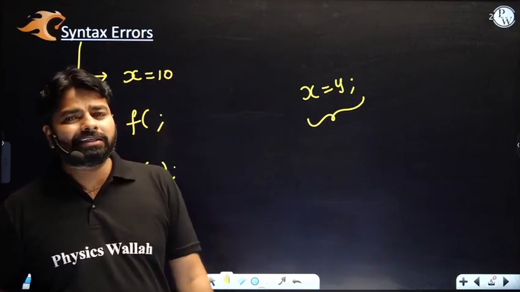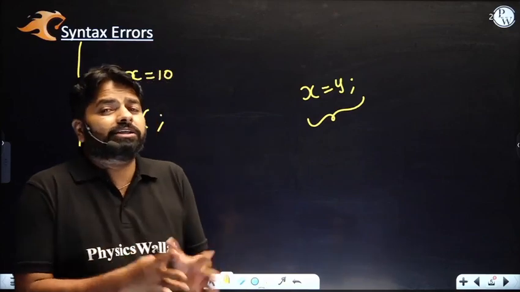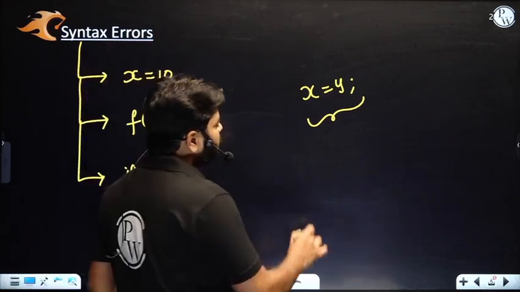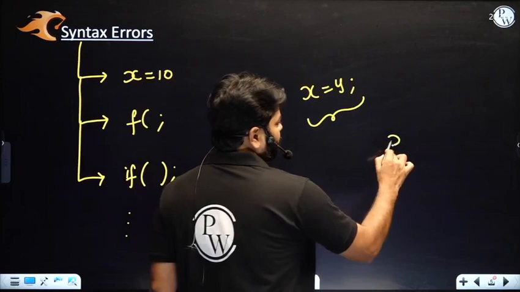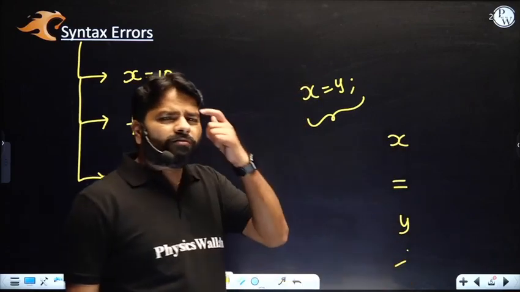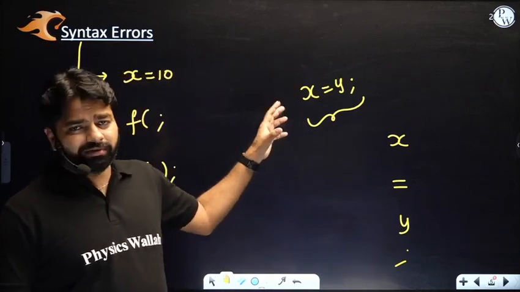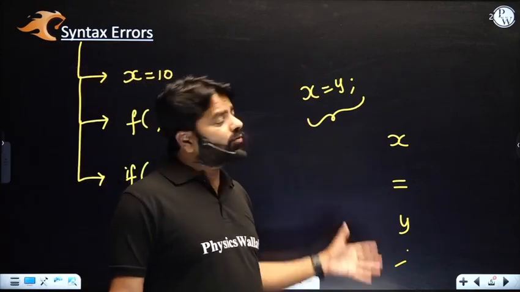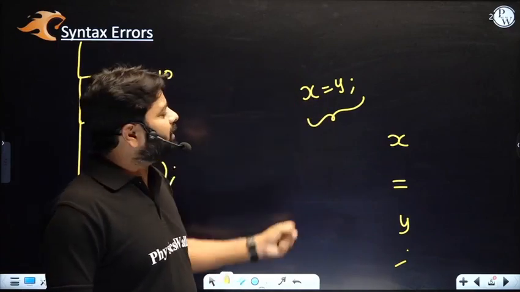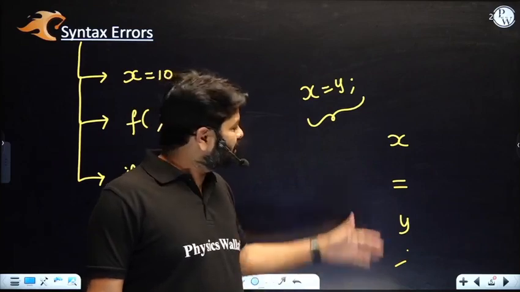What does lexical analysis do? It is trying to group the characters into tokens. Like it's going to understand, okay, x, is equal to, y, semicolon. That's the job of lexical analysis. It does the four things in this sequence. And once it understands the four tokens here, then syntax analysis comes into the picture.